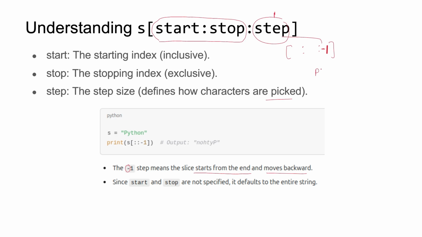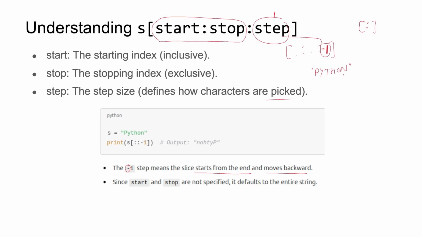Suppose the string I'm writing is Python, right? Python is my string. If I'm doing this, it means start from the start and go to the end. If I write this, it means start from 0 and go till the end. And I'm changing its step, which means each time it will move 1, and -1 is representing backward.